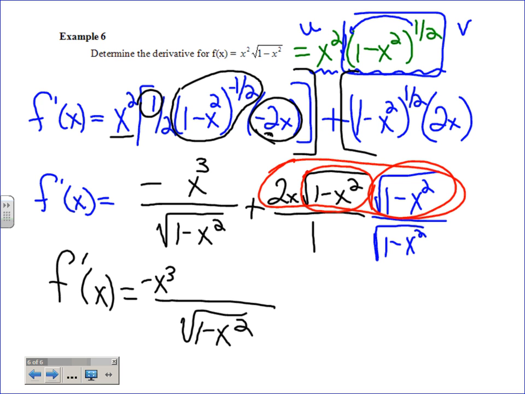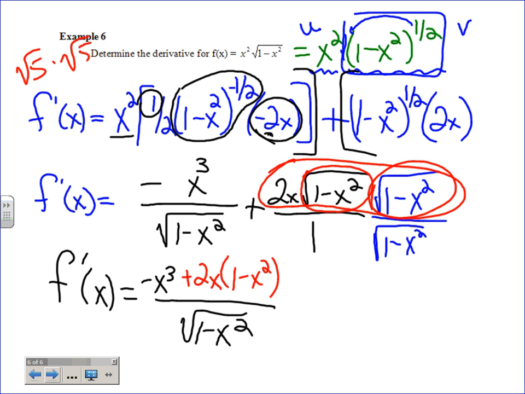So it's really the square root of 1 minus x squared, squared. So it cancels, right? In other words, just that part, and I'll color code it for you. There's a 2x there, and that basically becomes that, right? For those of you that are struggling with that, if I took the square root of 5 times the square root of 5, I get 5, right? Because it becomes the square root of 5 squared, which cancels. Okay.